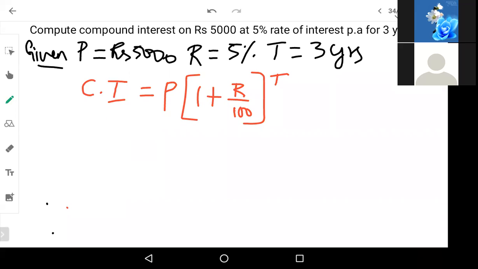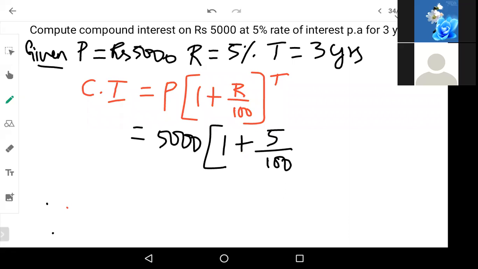So principal is 5,000 into 1 plus R is 5 divided by 100. Don't divide it here, because we are doing it already here as 5 by 100. So to the power T, T is 3 years.